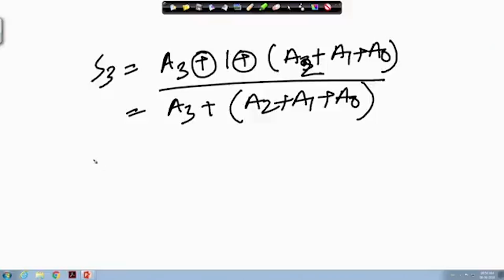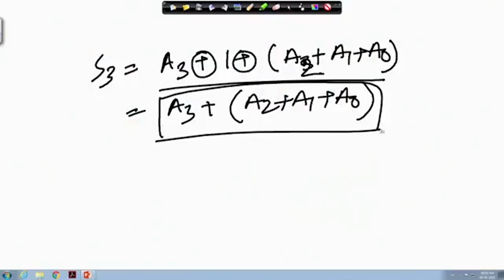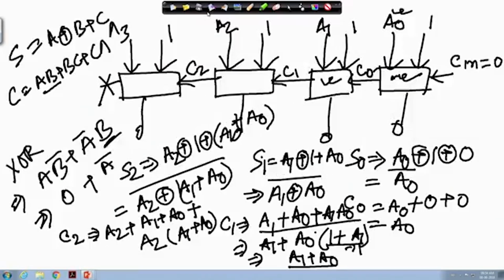Then now we have found the expression for the 4 output values. Here this is the expression for S3. If I go back, this is the expression for S2, this is the expression for S1, this is the expression for S0. So, now I have found S0, S1, S2 and S3 by this particular technique.